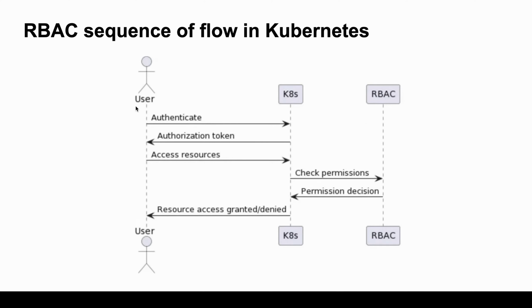So this is the RBAC sequence which Kubernetes implements in its cluster. Suppose we have a user.